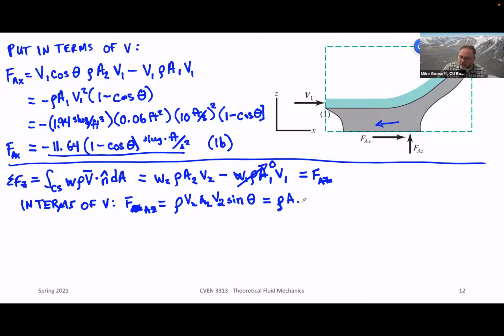So this is rho A1 times V1 squared times the sine of theta.